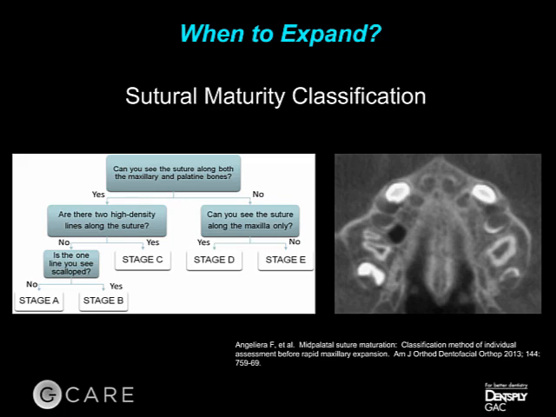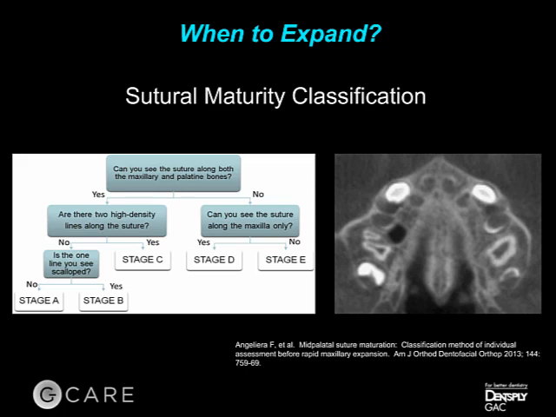This article by Angelieri was saying it's not necessarily the skeletal age maturity of the patient, but the maturity of the suture itself. They showed that there are some patients where the suture remains patent even long after adolescence.